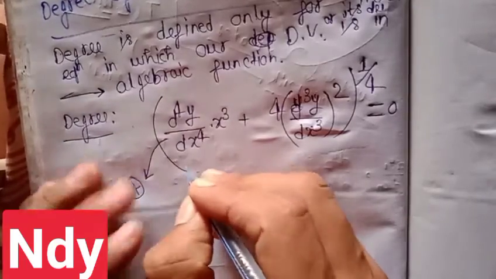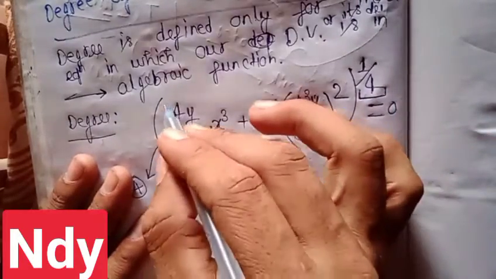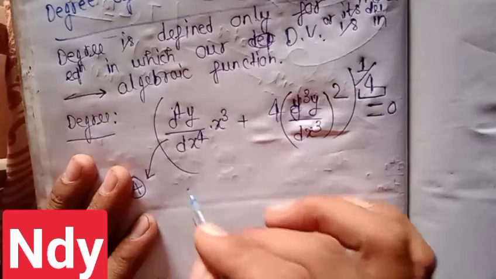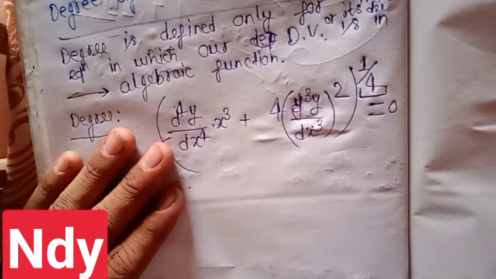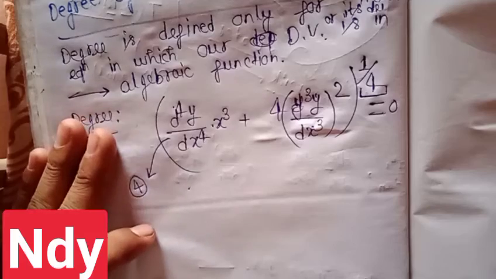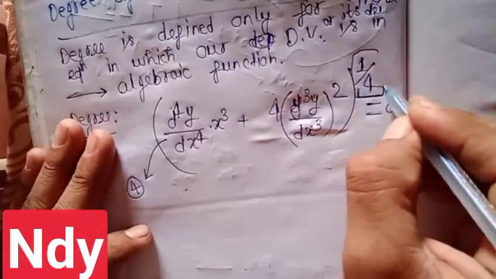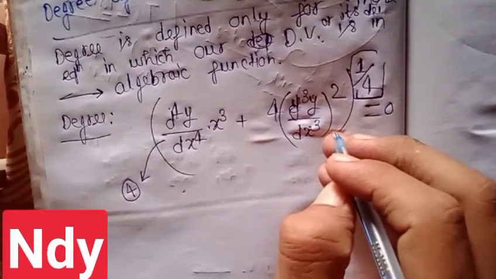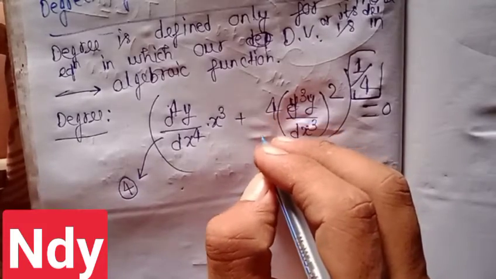If we talk about the degree, then first of all, in this differential equation the derivatives of the dependent variable with respect to the independent variable must be algebraic functions, and each term must be free from fractional power.